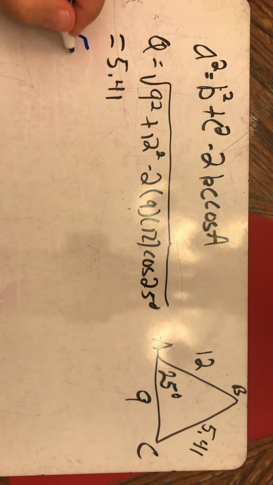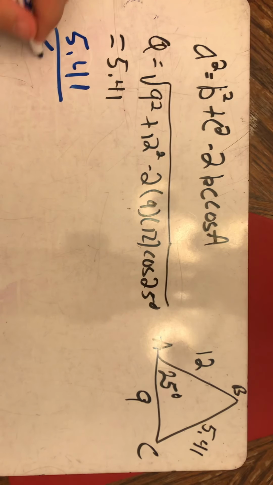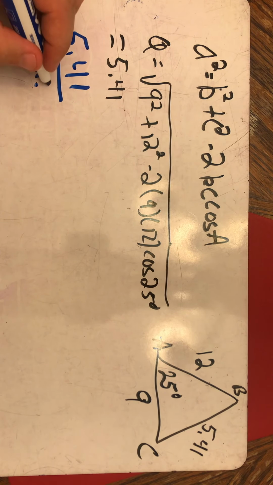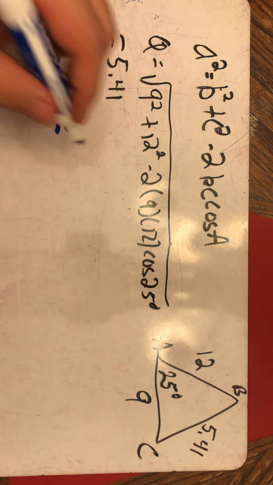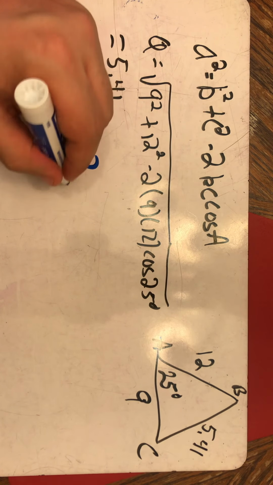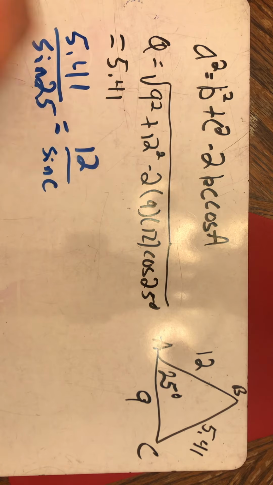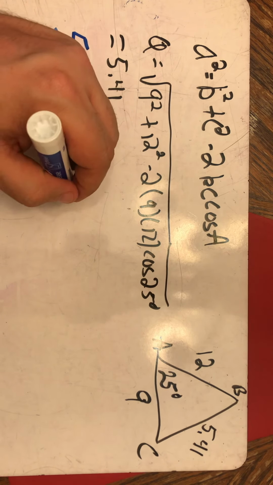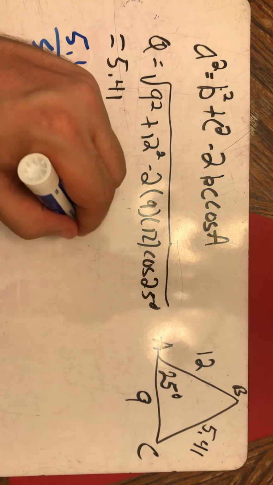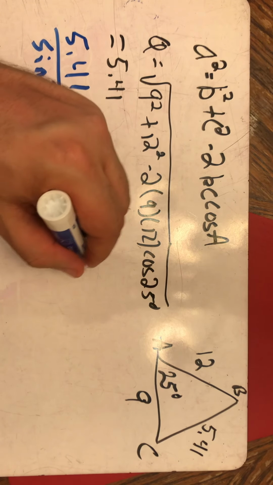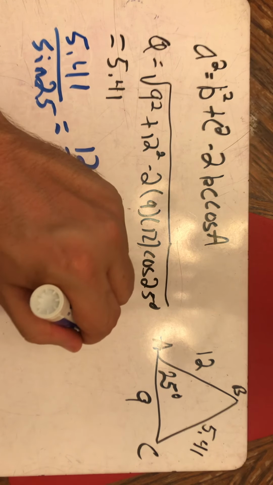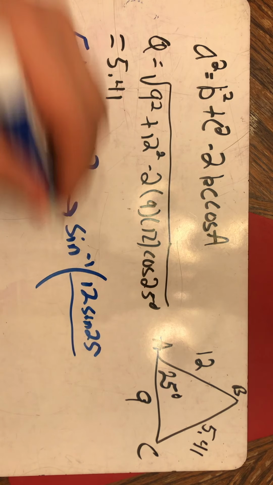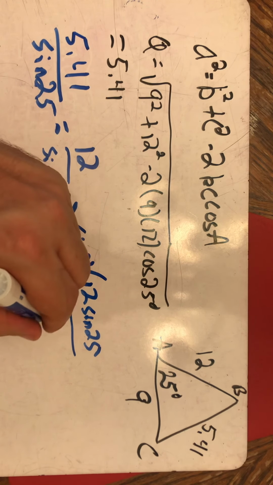So we have 5.41 over the sine of A, which is 25. That is equal to 12 over the sine of C. Once again, we're finding an angle, so we're going to do the inverse sine of all this junk. 12 sine 25 over 5.41.